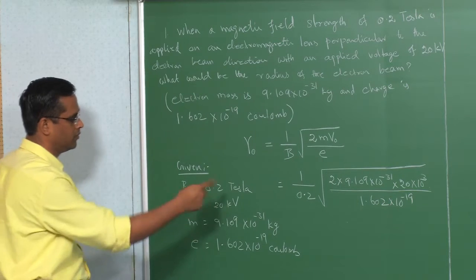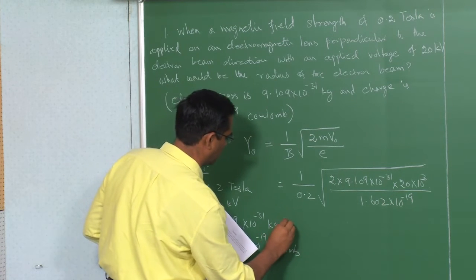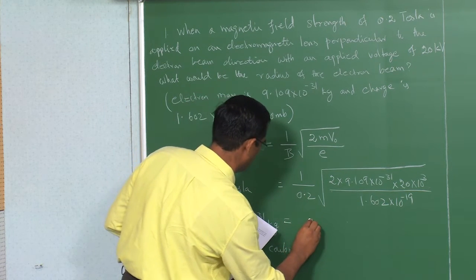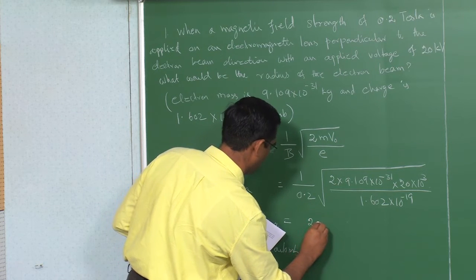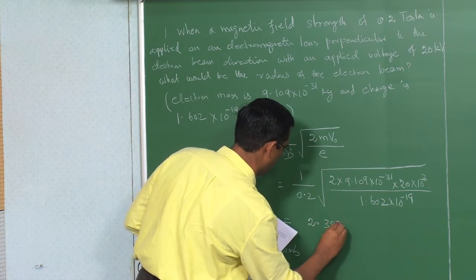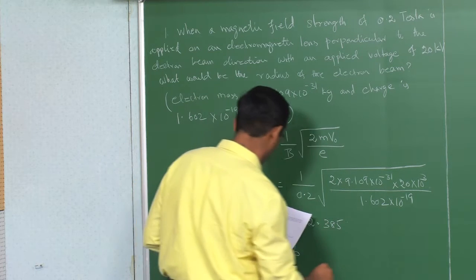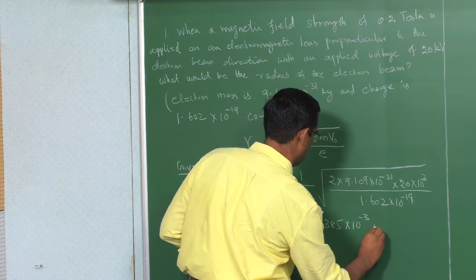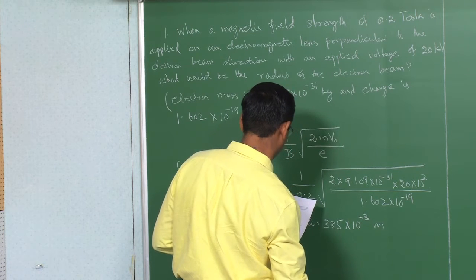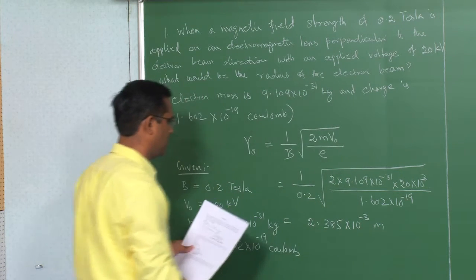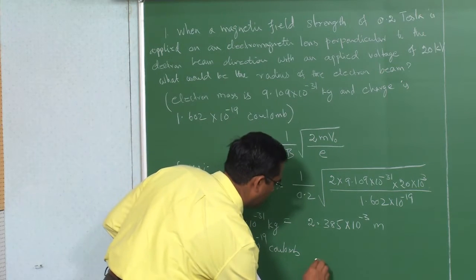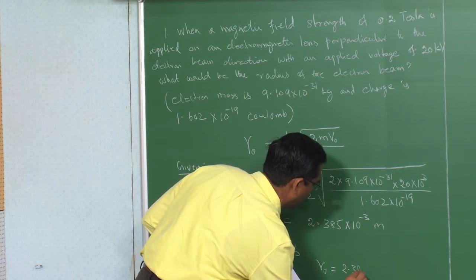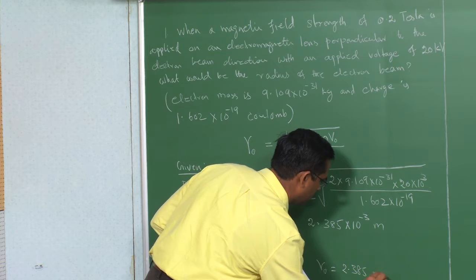If you work it out, you will get R naught equal to 2.385 mm.